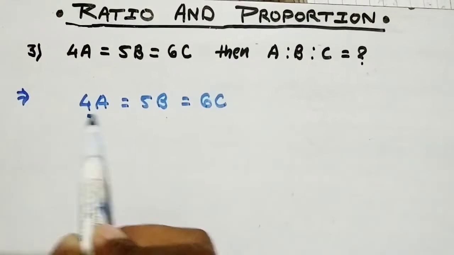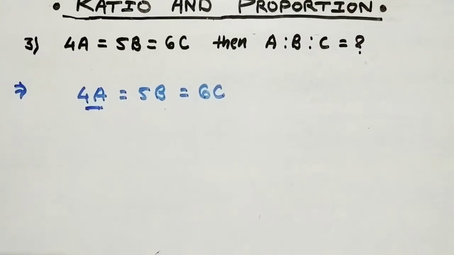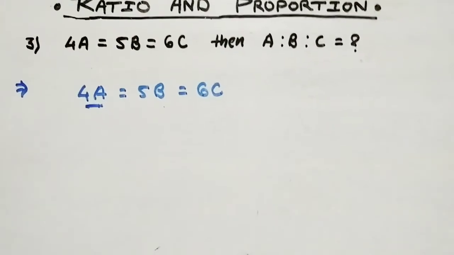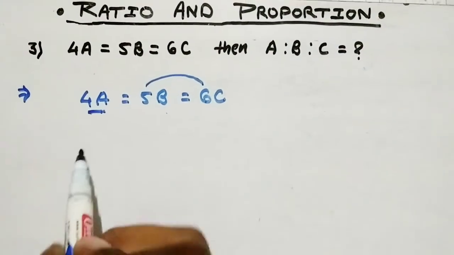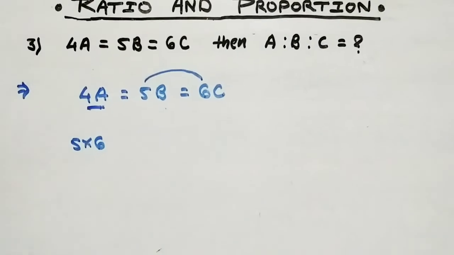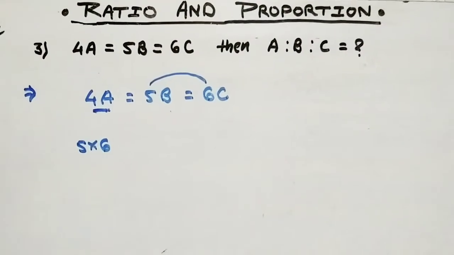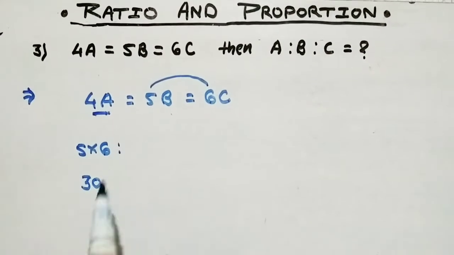So in the first term we don't consider any value of a. So which value is considered? That is 5 is to 6. 5 6s are 30.